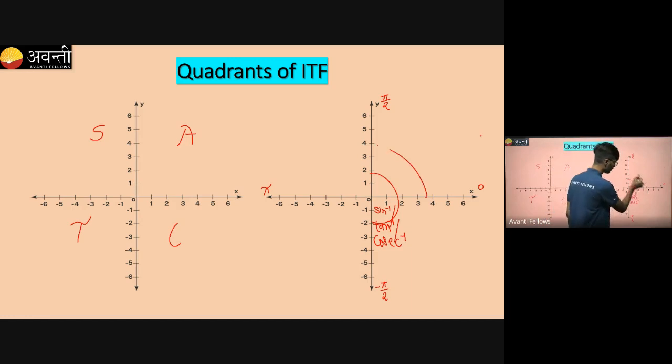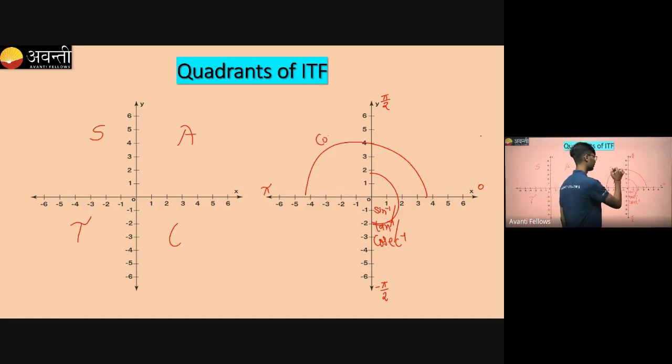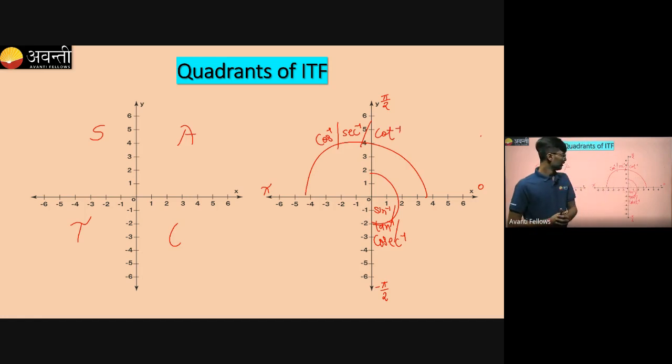Cos, sec, and cot have from 0 to pi. Which quadrants does 0 to pi cover? First quadrant and second quadrant. So this is for cos inverse, sec inverse, and cot inverse. Obviously, pi by 2 will not come for cot inverse, but that's all. We just have to do this. It's fine.